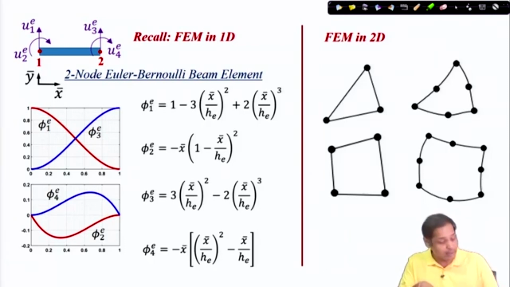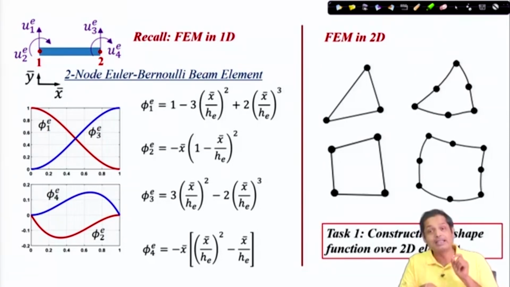Now the first task is to construct shape functions over two-dimensional elements. Constructing shape functions for a one-dimensional element we had already discussed. It was relatively straightforward, but in the case of two dimensions, this is one task that we have to do: construction of shape functions over a two-dimensional element.